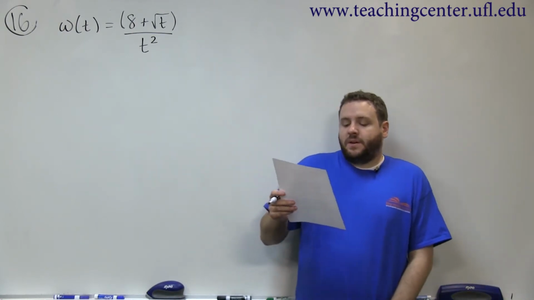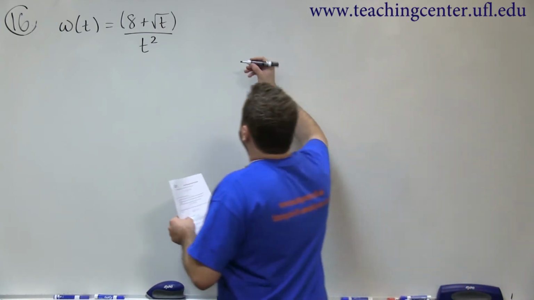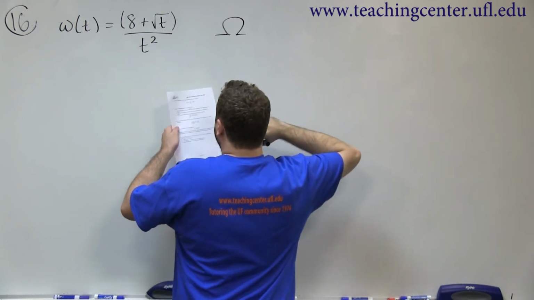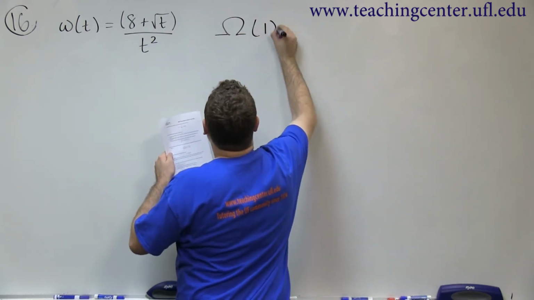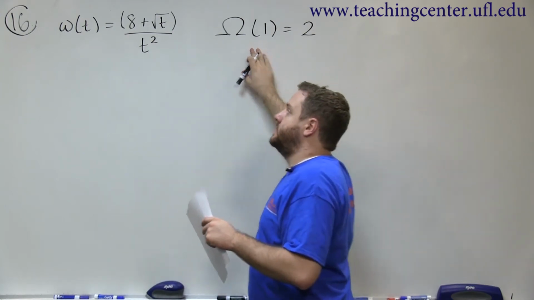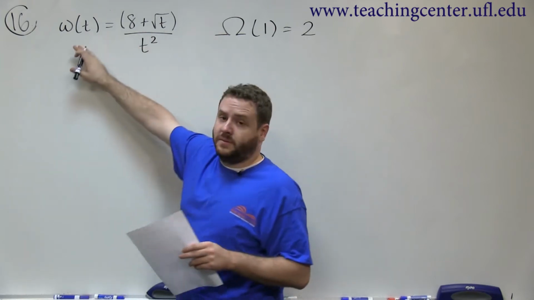So if 2 liters have been consumed after 1 minute, that means that in our antiderivative function, which I'll call capital omega, if we plug in 1 minute to that, we have to get 2. This is the amount function, and this is the rate function. This is the antiderivative of this.